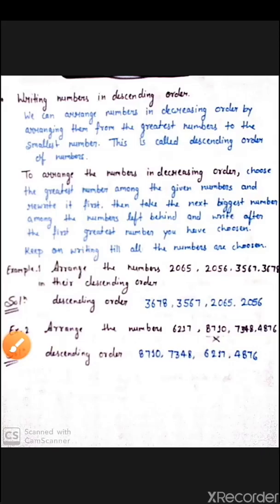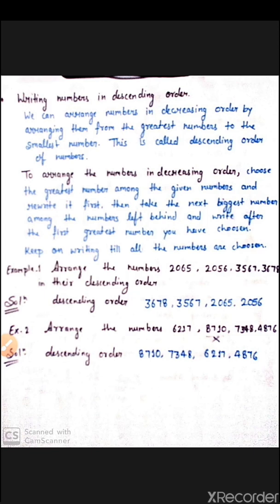and now we will study about writing numbers in descending order. For writing numbers in descending order, we can arrange numbers in decreasing order by arranging them from the greatest number to the smallest number. This is called descending order of numbers. It means in this order we have to write greatest to smallest.